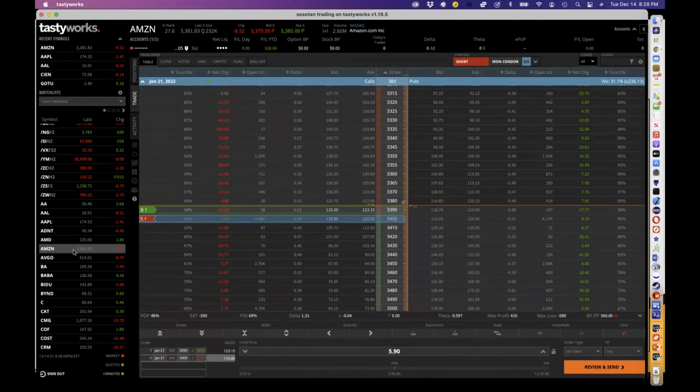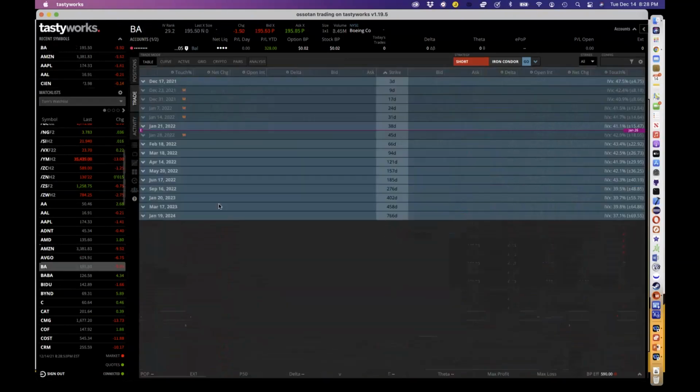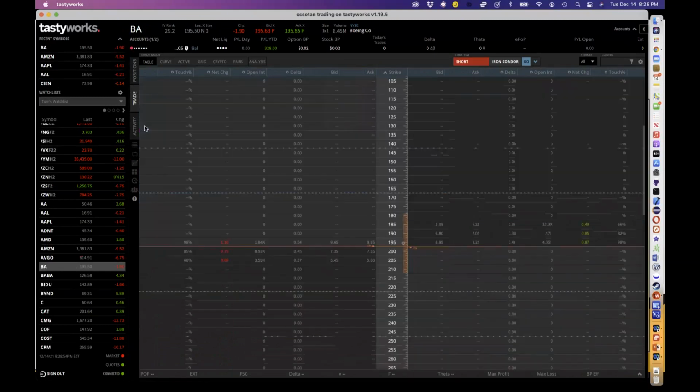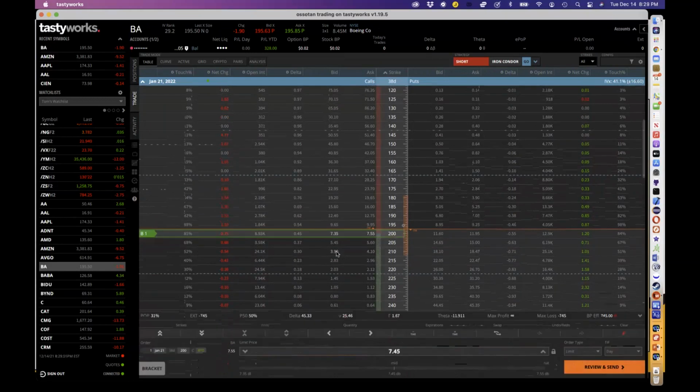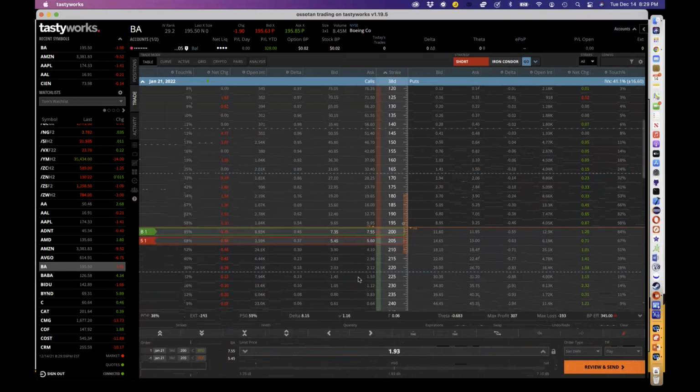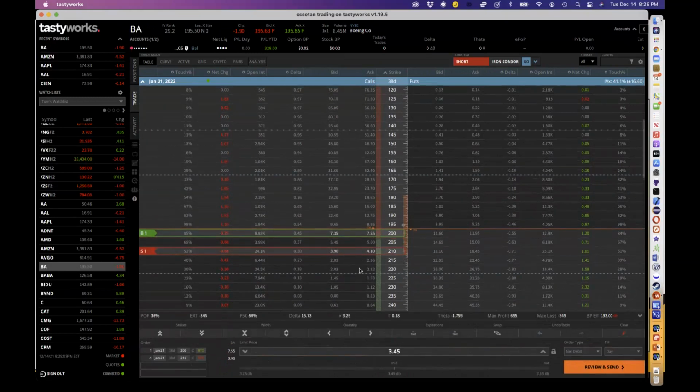But if I'm trading something like Boeing, Boeing has like $5 strikes. If I buy here, I'm going to sell here, giving myself like a $10 wide strike. This is not interesting. This is what I would do. And for this particular spread here, I'm risking 345 to make 655.